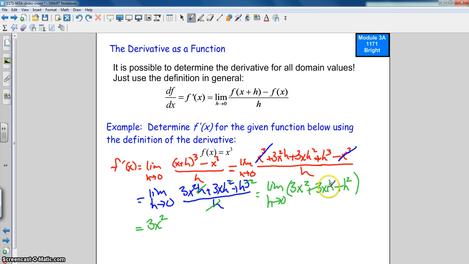And these other terms contain an h, so they are going to go to 0. So in the end, I have f prime of x equaling 3x squared. And so that is the derivative of x cubed, which is the same as f. Alright? So, quick demonstration on how to use the definition of the derivative.